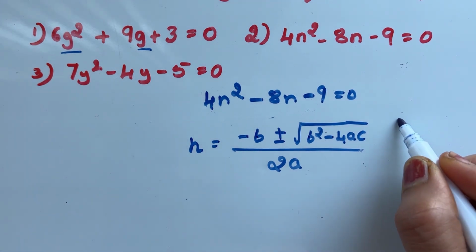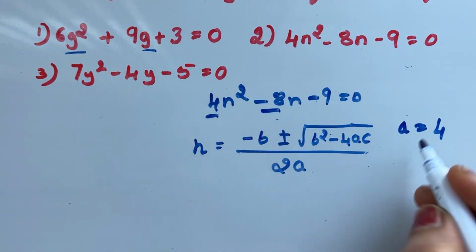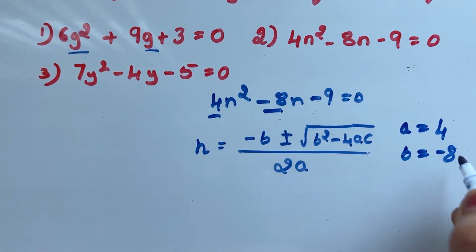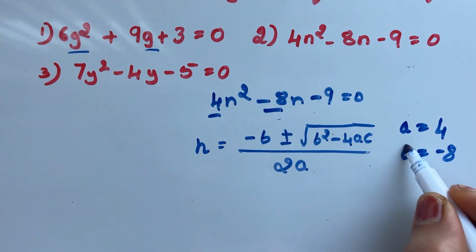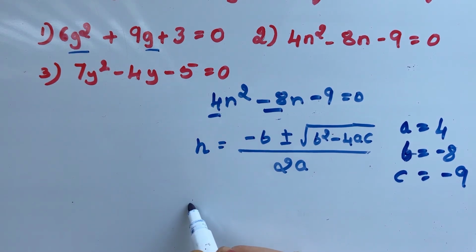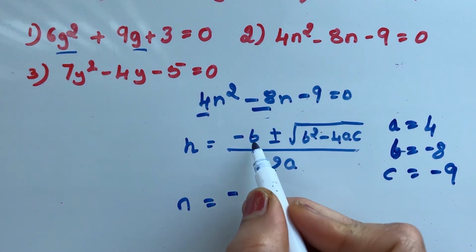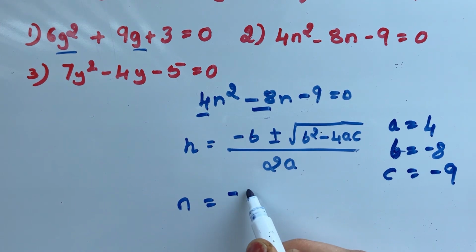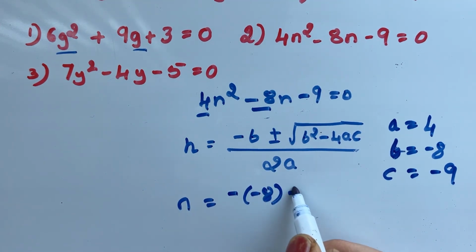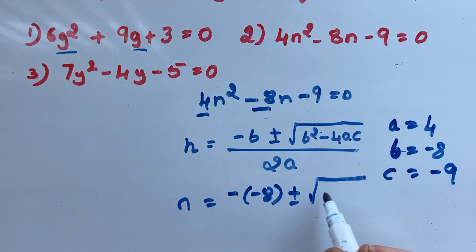So a is equal to 4, b is equal to negative 8, or minus 8, c is equal to negative 9, or you can say minus 9. Put all the values of a, b, c in the given equation. Negative of negative 8 plus or minus square root of b², negative 8 squared.